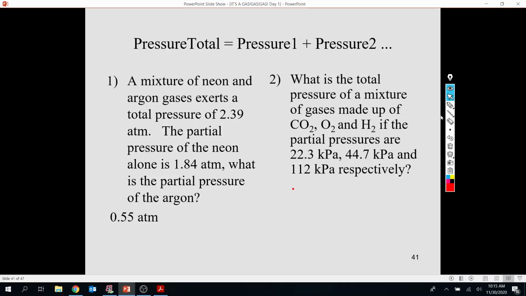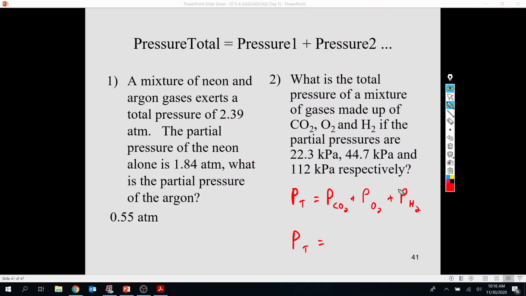All right, well, to get our total, all we'll have to do is just add those up. And so P total will equal the partial pressure of CO2 plus the partial pressure of oxygen plus the partial pressure of hydrogen. Okay, and just take a moment, pause, and add those up, and see what you come up with.